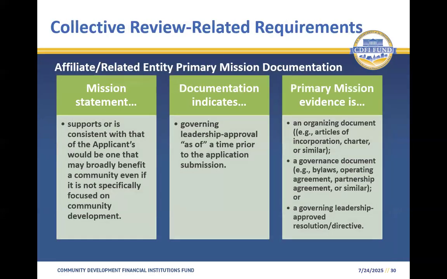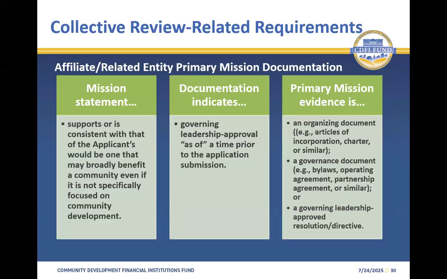The three columns articulate the requirements for affiliates' primary mission documentation. The mission statement must broadly support the applicant's community development mission, even if it's not squarely community development focused itself.